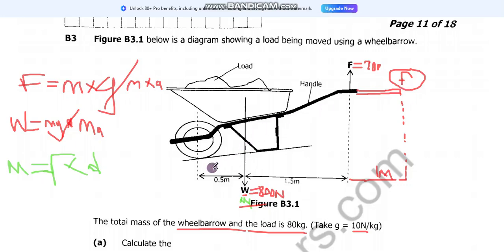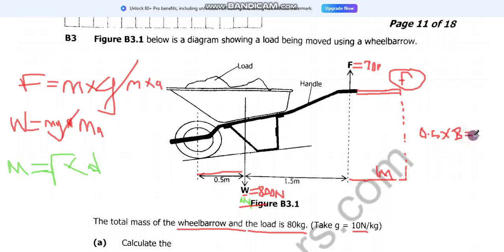So we already know that from the pivot to where the 800 is, it is 0.5. So that will be 0.5 multiplied by 800. We're just finding moment again.